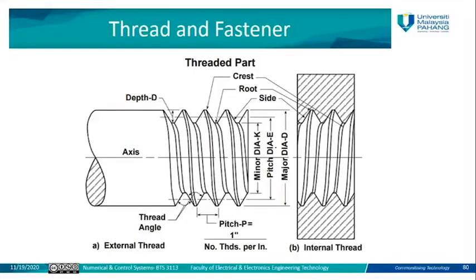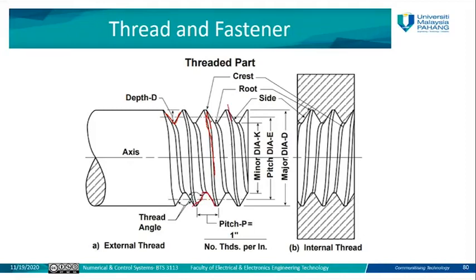So as we can see here, this is the zooming for this representation of the thread. You can see they need to define these angles, for example. They call it the thread angle. They need to define what is the length of each of these lines. What is the round, like this one? So you can see it's not just a normal angle, it's an angle with some straight lines here.